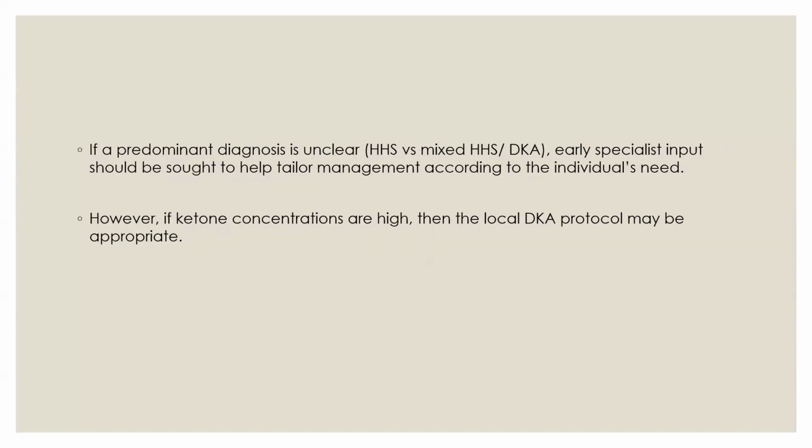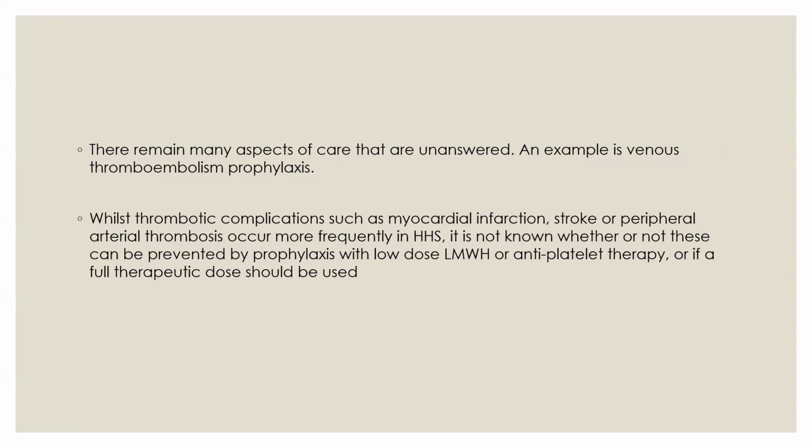If the predominant diagnosis is unclear, early specialist input should be sought to help tailor management according to the individual's needs. However, if ketone concentrations are high, then the local DKA protocol may be appropriate. There remain many aspects of care that are unanswered, for example venous thromboembolism prophylaxis.